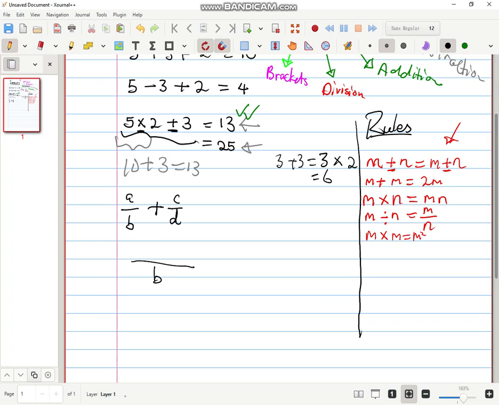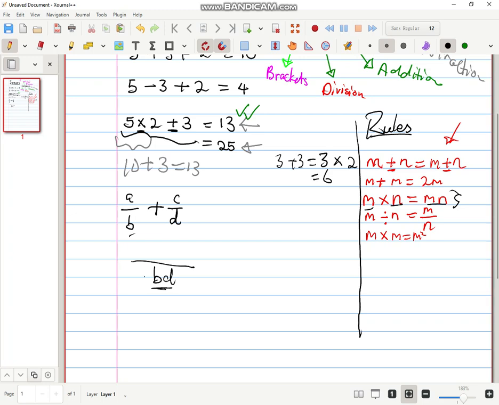Remember we said when we multiply m and n, we get mn, so it's the same thing. This is the same as multiplying b and d. We're going to get what? bd.